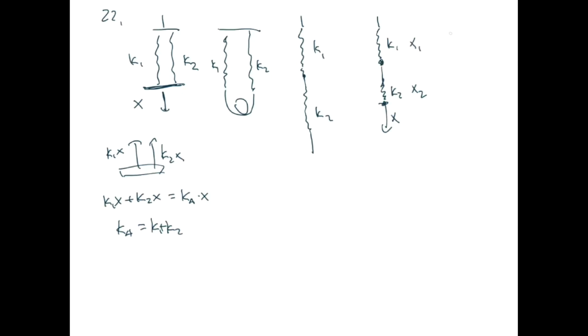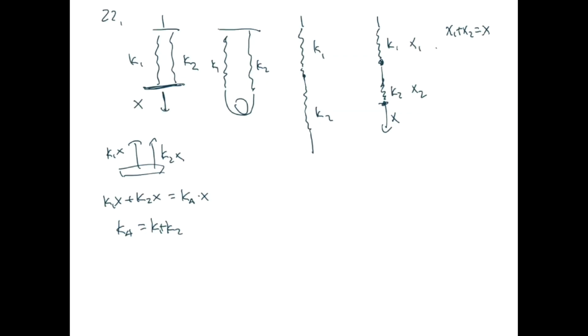So we have to have 2 conditions. First of all, x1 plus x2 has to be equal to x. This is kind of obvious. It's just like the 2 extensions have to add up to the total extension.